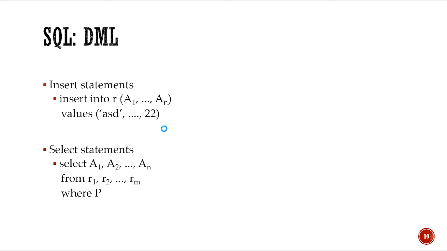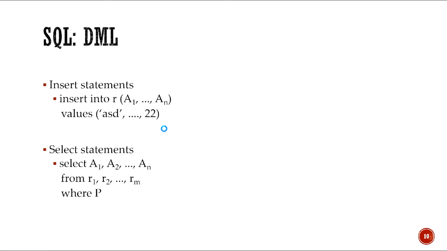Moving on to data manipulation language, we are able to query information and insert, select, and update records. Insert statement. You can see the syntax here. Insert into R, referring to relation or table, A sub 1 through A sub n, and values.